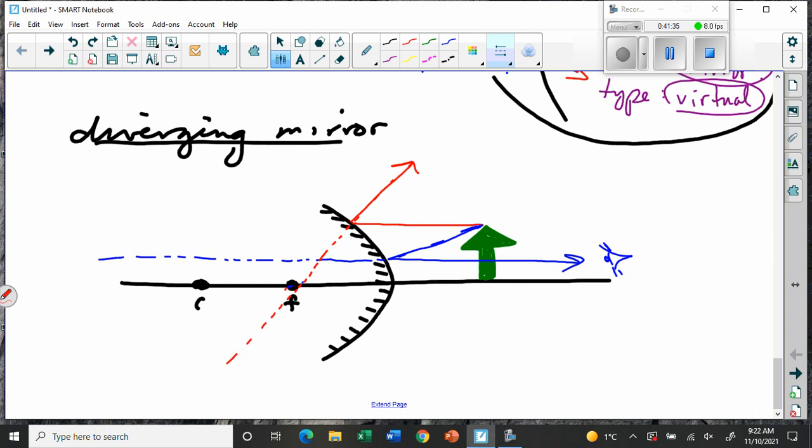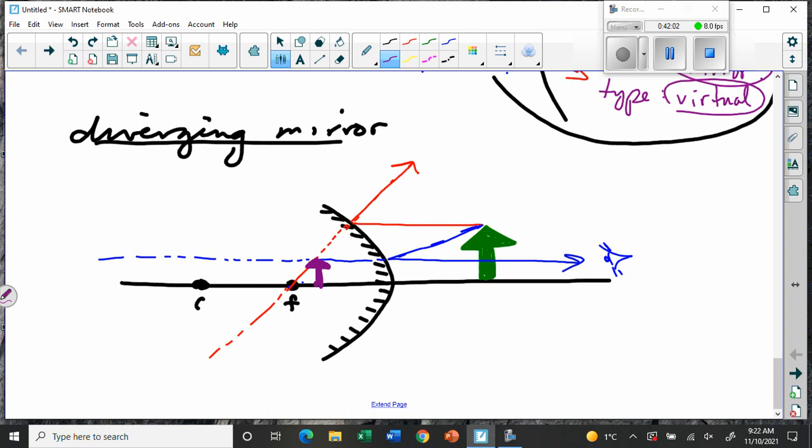And if another eyeball were to see this red line, it would think that it came from somewhere in here. Okay? And in fact, that one should be going right through the focus, except I went off a little bit. Let me just fix it, like that. There's the reflected ray. So those are the lines that we want to draw, because those are where it looks like the reflected rays come from. And you'll see that what we get is an arrowhead right here. And then draw the arrow down to the axis.